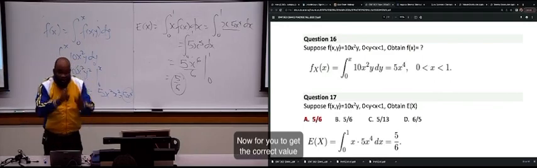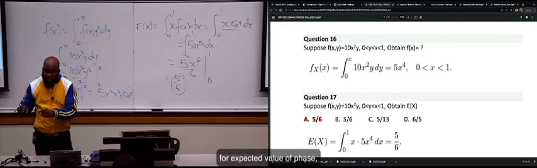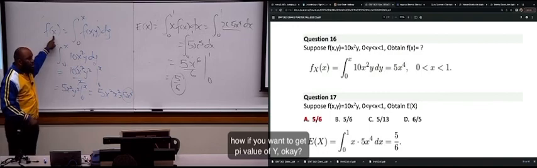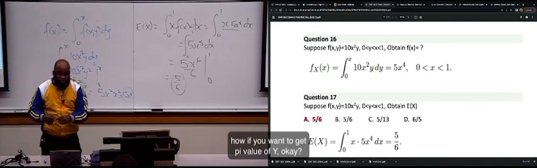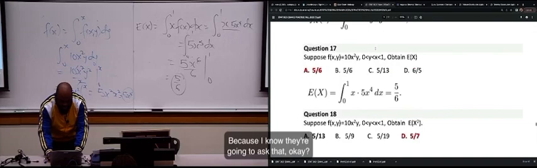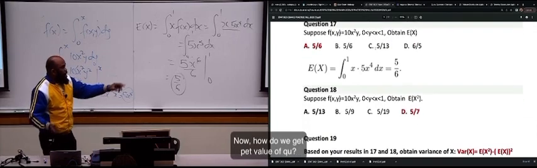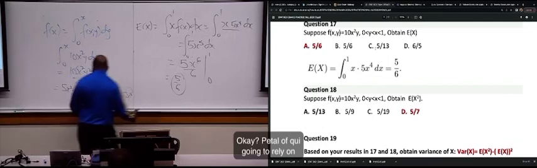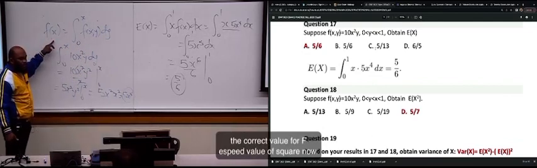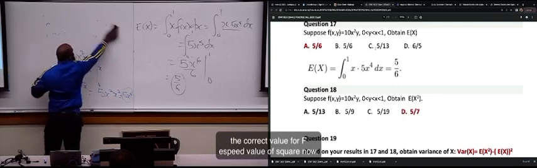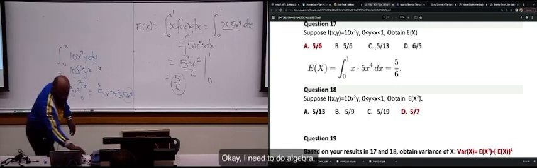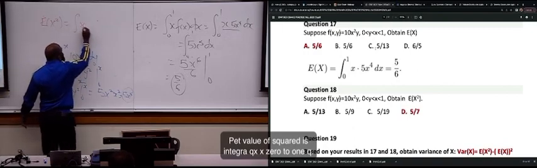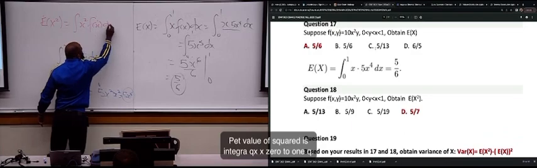Now for you to get the correct value for the expected value of x, you need to first figure out f of x. If you want the expected value of y, I know they're going to ask that. Now, how do we get the expected value of x squared? It still relies on the correct value for f of x. The expected value of x squared is the integral of x squared f of x dx, 0 to 1.